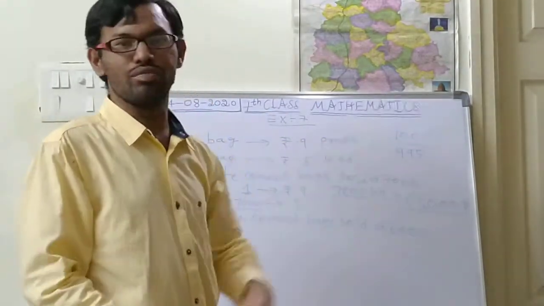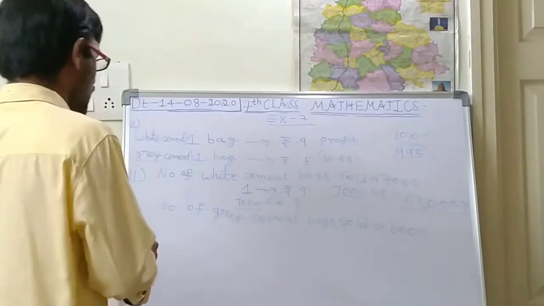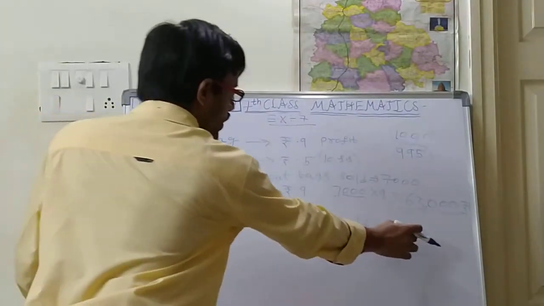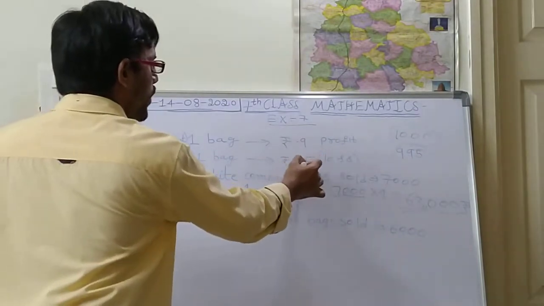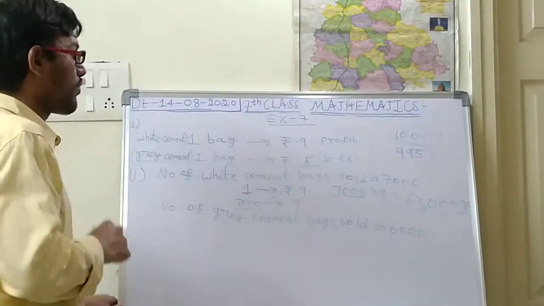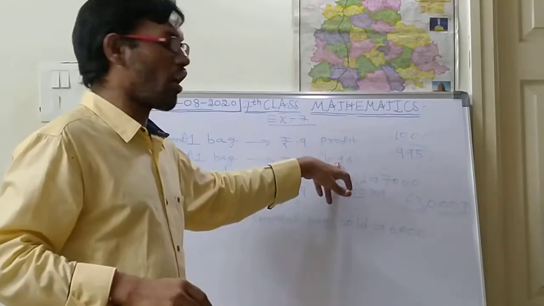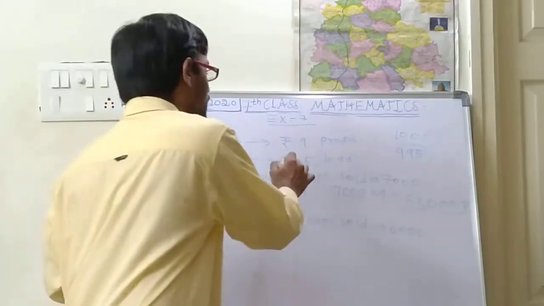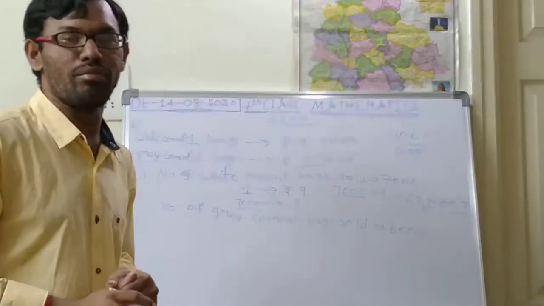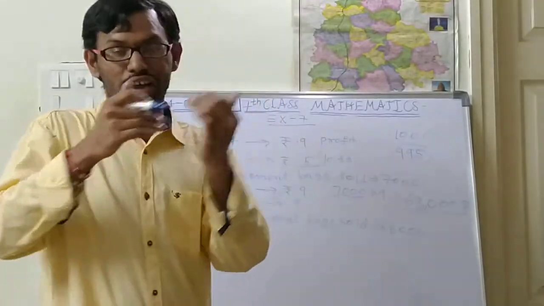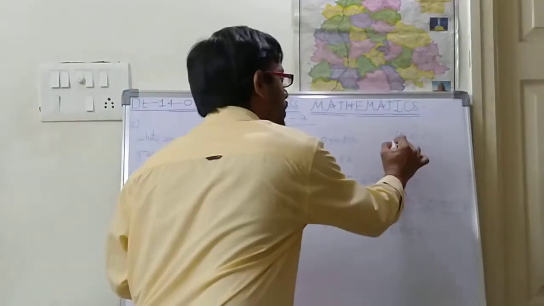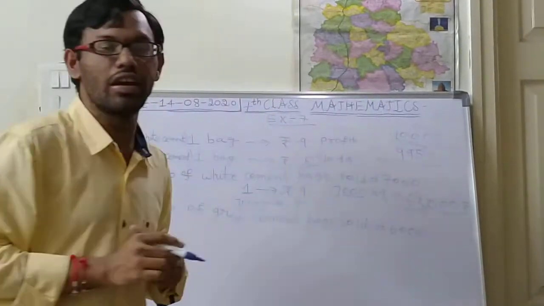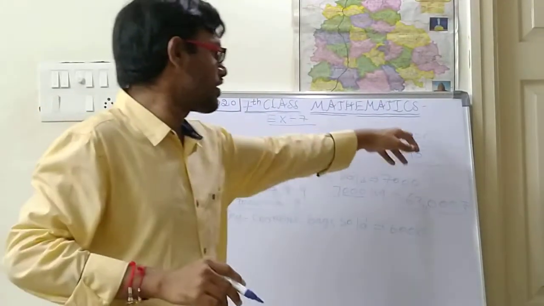So the number of grey cement bags sold is 6,000. For one bag, how much loss? 5 rupees. If you say loss, you should consider this number as a negative number, because loss means reducing numbers. From the 4-digit number it came to a 3-digit number, so it is reduced.